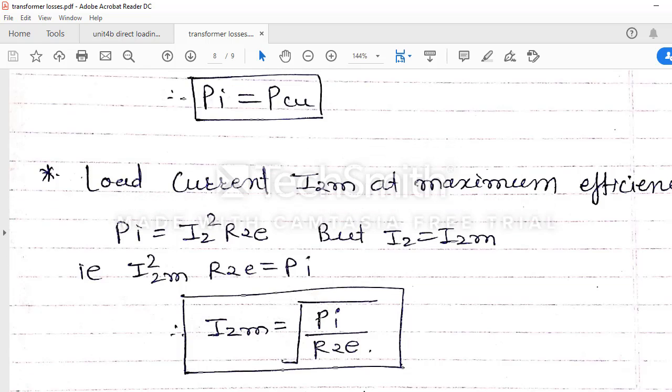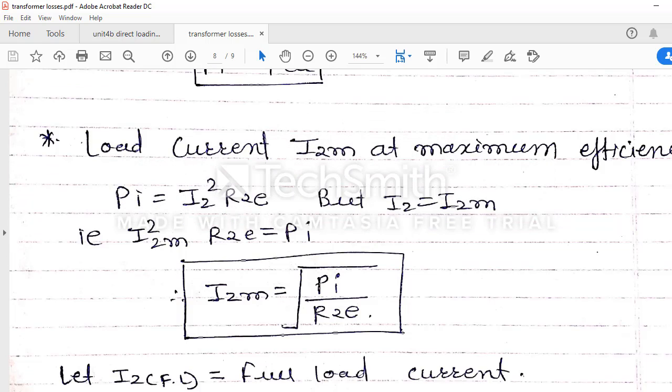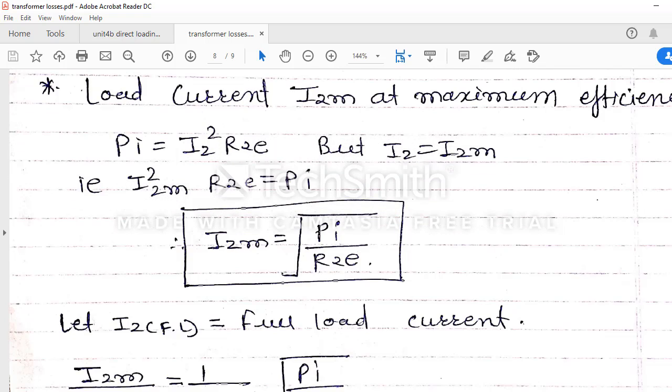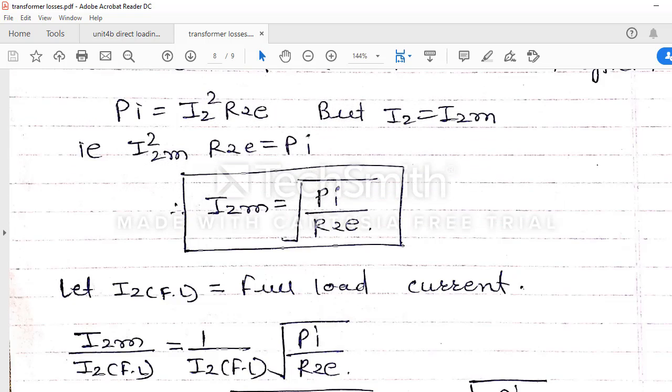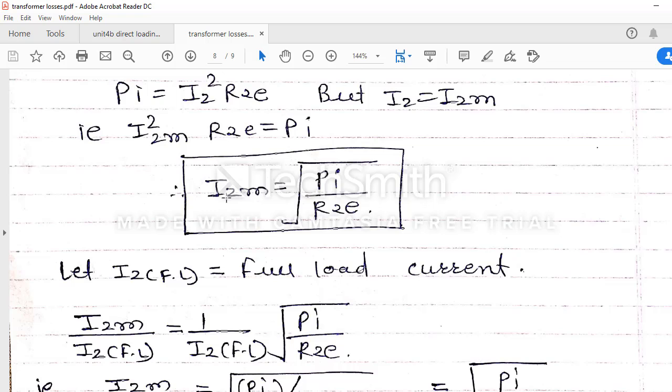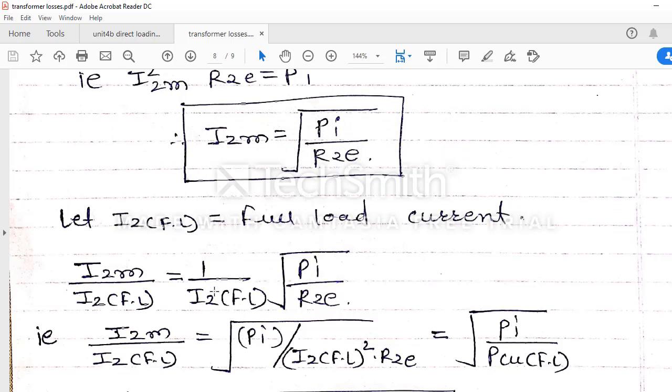Now we find I2M in terms of the full load current. Let I2 full load be the full load current. Divide both sides of this formula by I2 full load. So you get I2M upon I2 full load equals 1 upon I2 full load times the square root of Pi upon R2E.